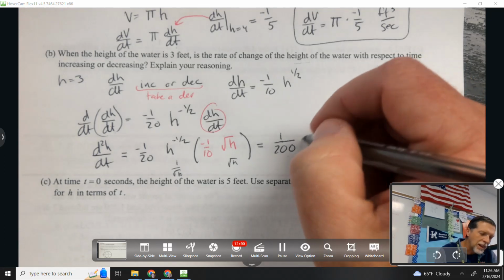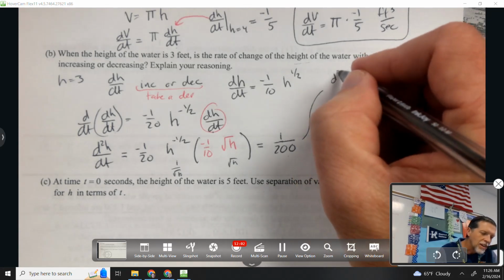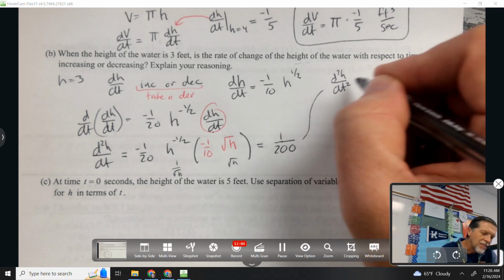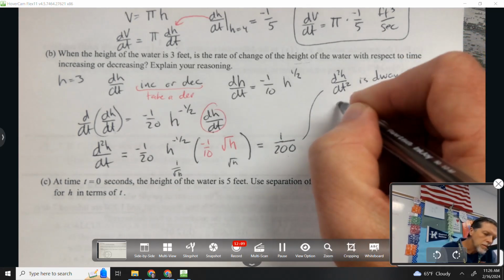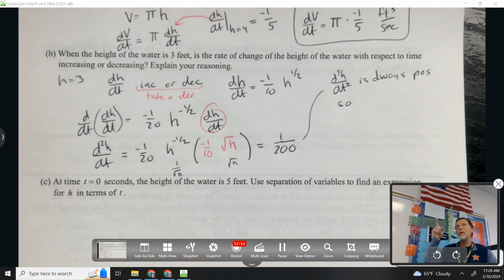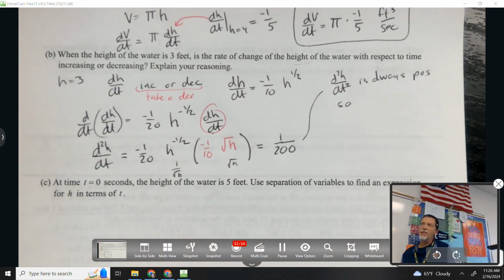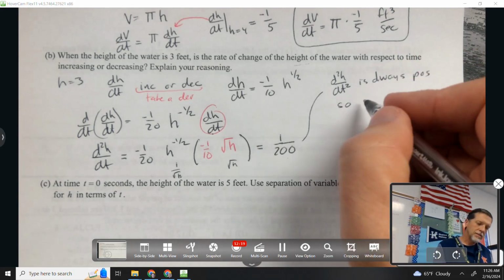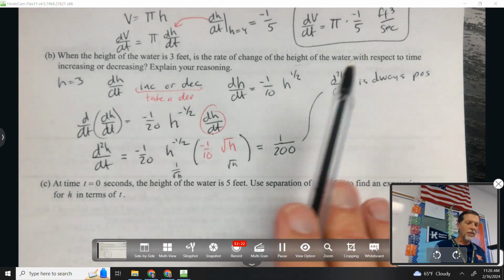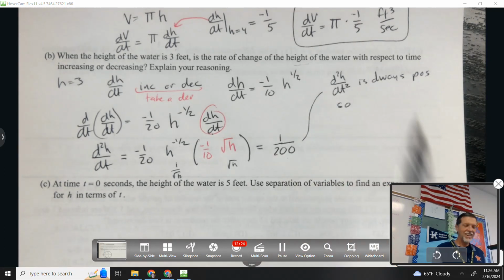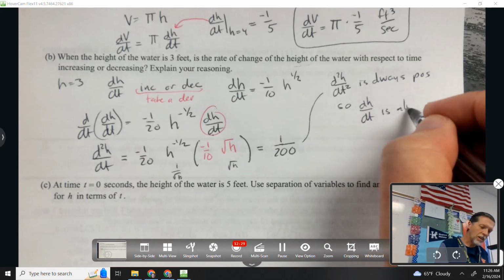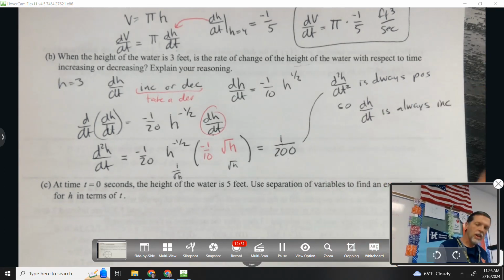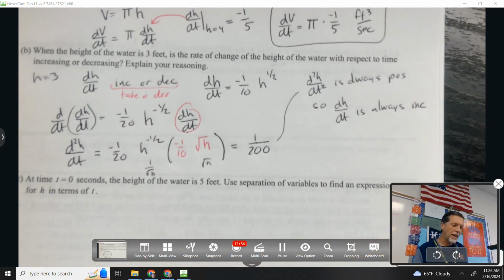Okay, so what does that mean? The second derivative is always positive. So you said always increasing, Gabe. What is always increasing? You're right, but you've got to tell me what is always increasing. The second derivative is always positive, so that means the first derivative is always increasing. What does it tell me about h while I'm here?